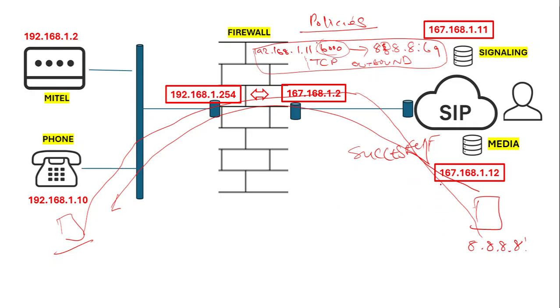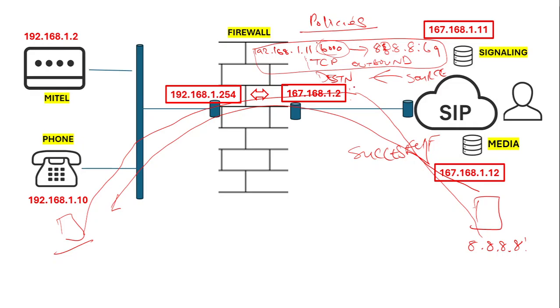So when it comes, the response is going to be the opposite. 8.8.8.8 port 69 is going to be the source. Remember, it was the destination. It is going to be the source. And this 192.168.1.11 port 6000 is going to be the destination. But remember, it has been NATed when it went out.